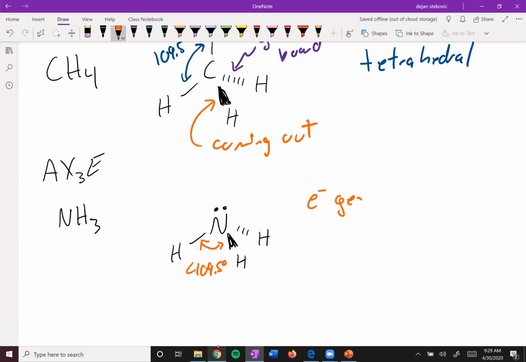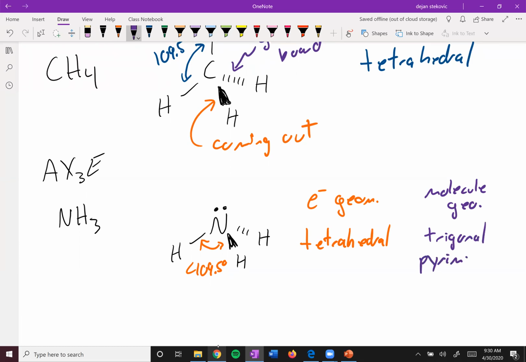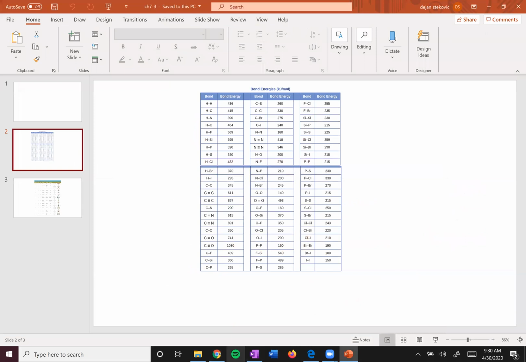So the electron geometry stays the same. It's still a tetrahedral because it's the same as CH4 if you're considering your lone pair as a thing. And then the molecule geometry is what's known as a trigonal, because the bottom part's like a triangle, and then pyramidal. I don't know if I spelled that right, because it's kind of like a pyramid. So let's take a look at our model.